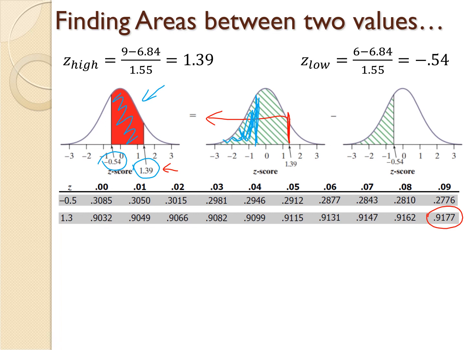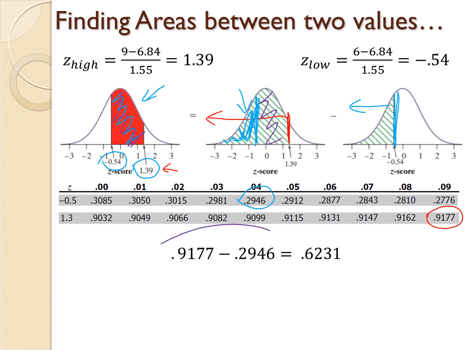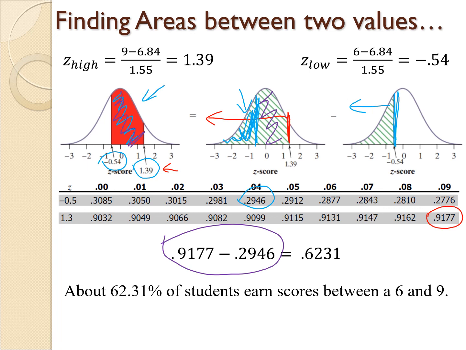So if we look up that negative 0.54, we can figure out what the area is that way, the amount that we want to take out over here, which is 0.2946. And we're just going to subtract those two values. So the area in between the two, in this shaded section, is going to be those two probabilities subtracted. 62.31% of students earn between a 6 and a 9.